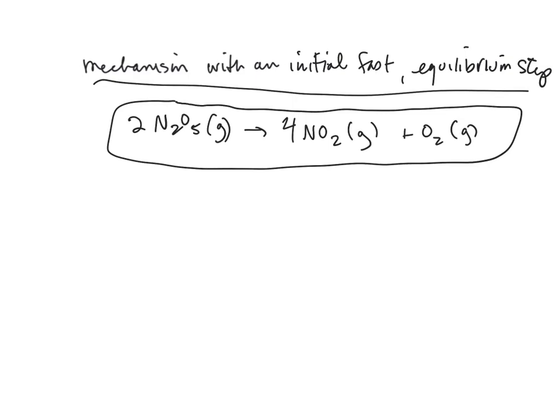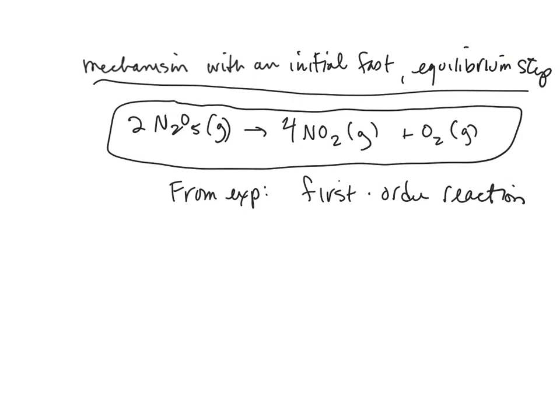So for this one, from experiment, and we know this, we actually spent a lot of time on this, this is a first order reaction. Okay, and what else do we know? That's about it.